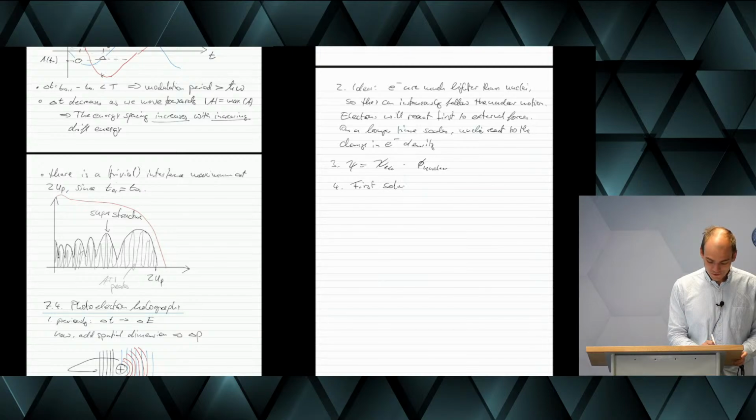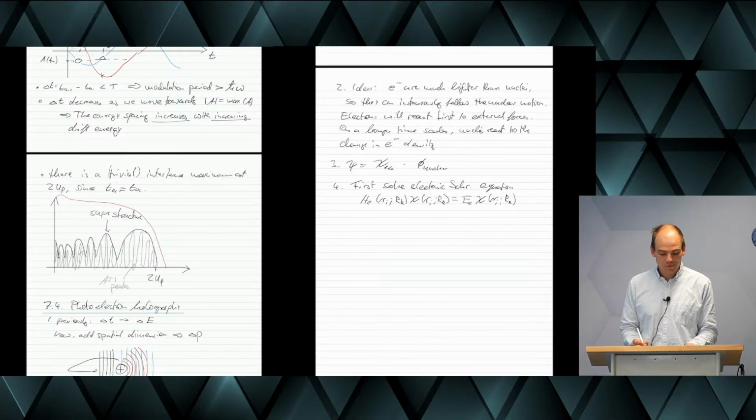First, solve the electronic Schrödinger equation. That's the time-independent one, because we're interested in the electronic states now. And here we'll assume that the nuclei are frozen, so they're basically parameters. In particular, if you think of H2+, where we have just one electron, this is a relatively simple task to do.